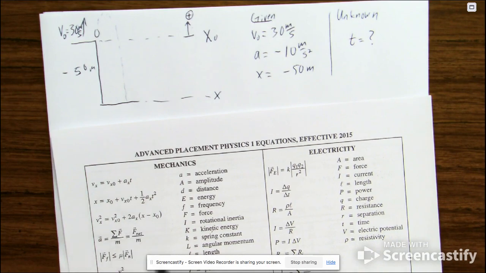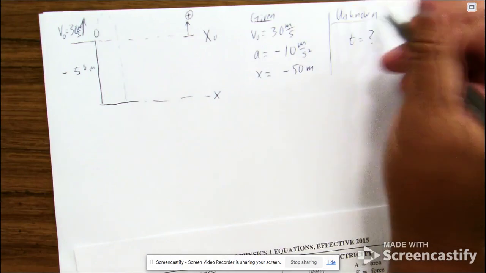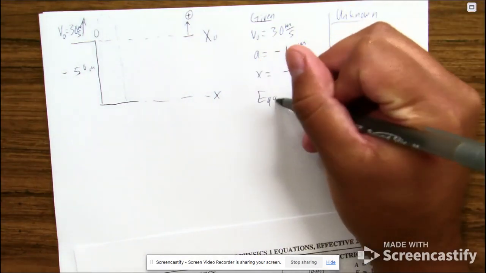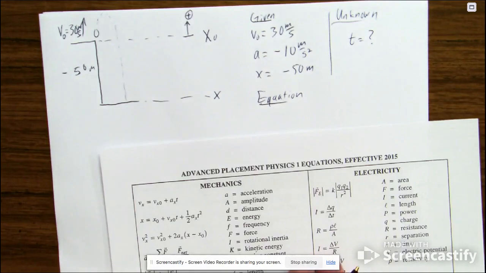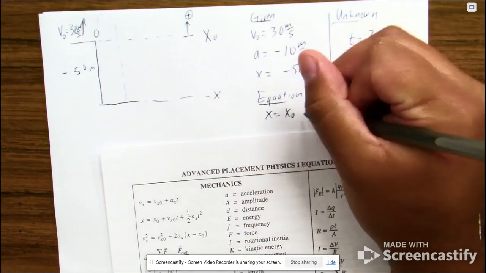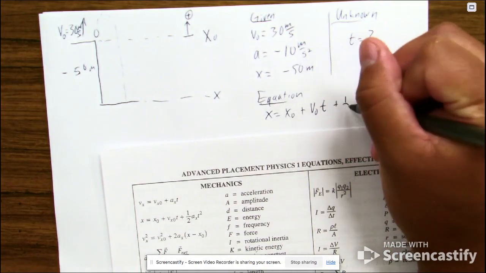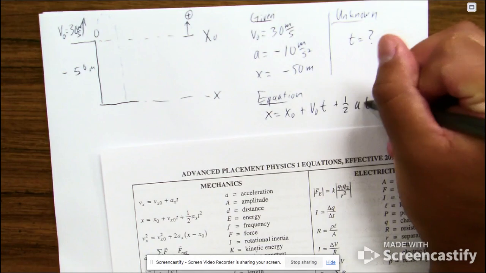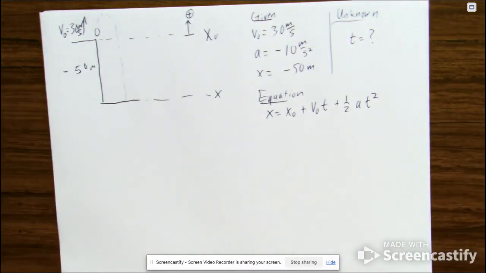So the one I really need to use is that one. I'll write the equation, copying right off there: x equals our initial position plus our initial velocity times time plus 1/2 acceleration times time squared.